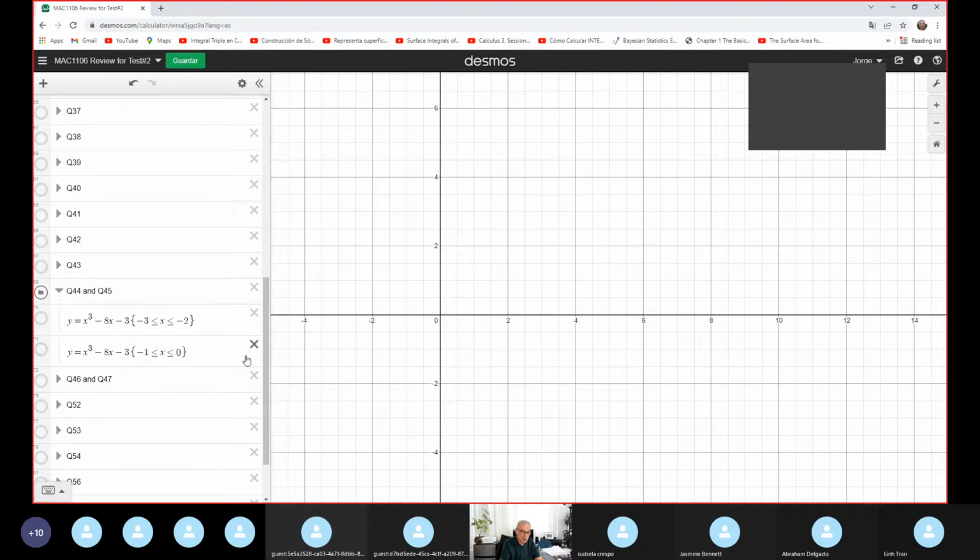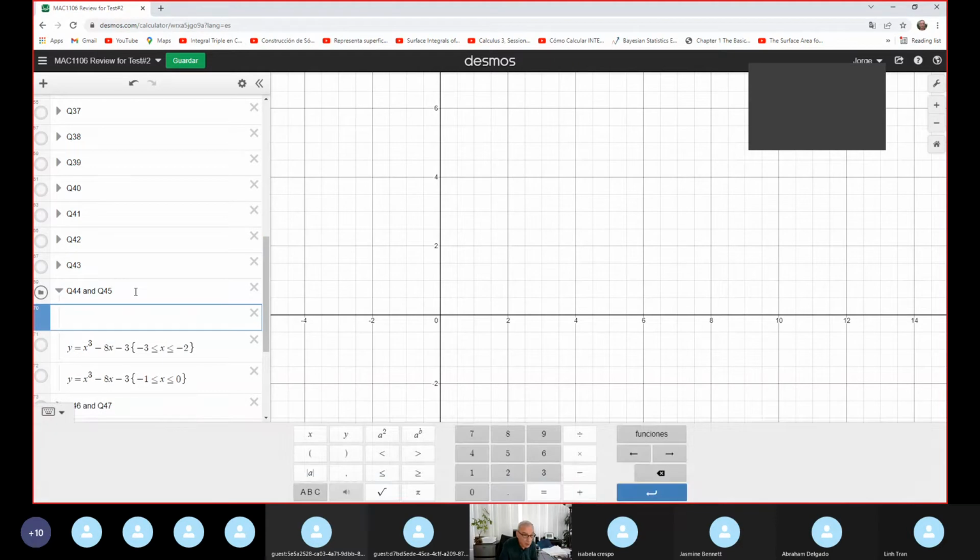Or no, just disable. This is 44. This is a polynomial. To explain it clearly, do you see this more, right? Yes or no? Yes. Okay, look, let me explain one thing.